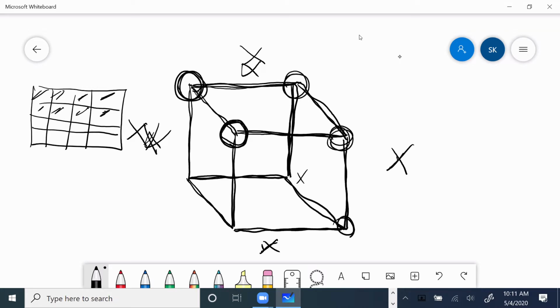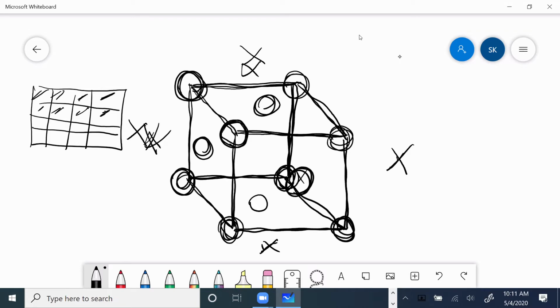I'm talking about each cell of a single crystal. And there are atoms on each face, like this.